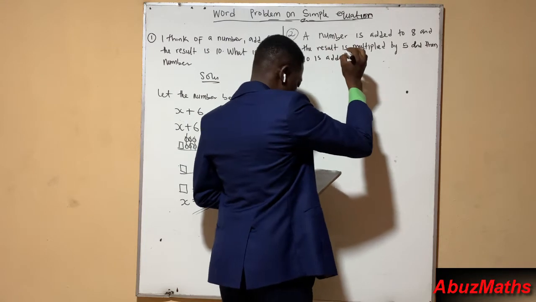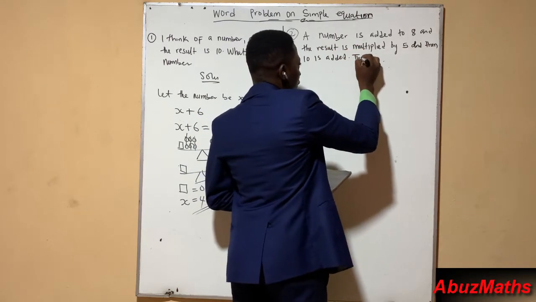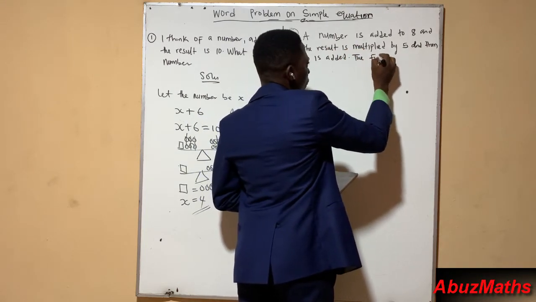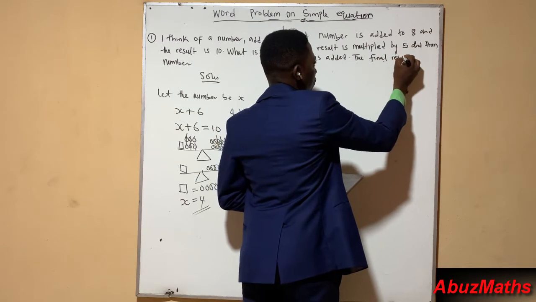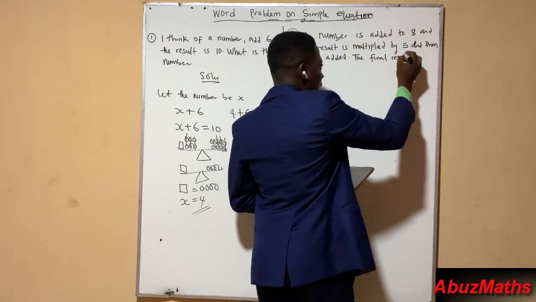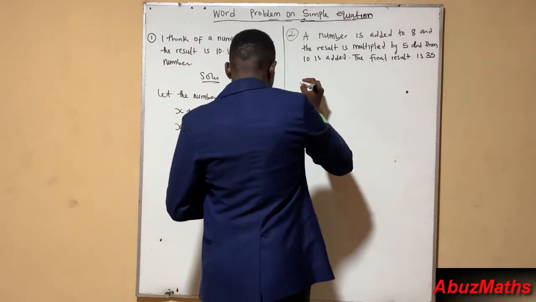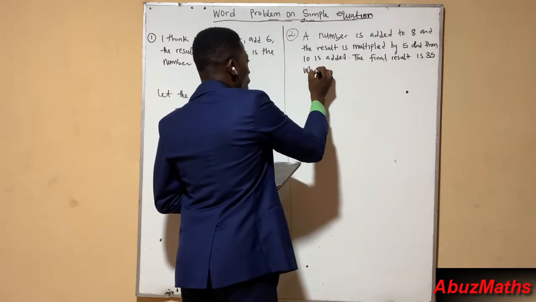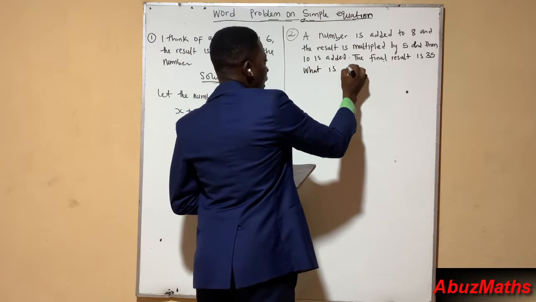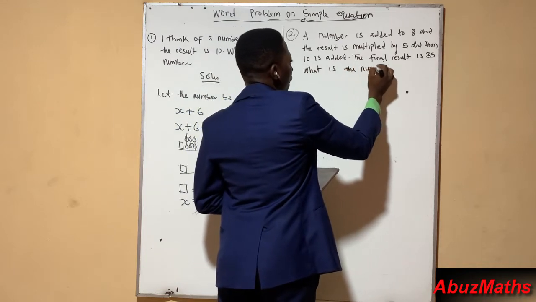Full stop. The final result is 35. What is the number?